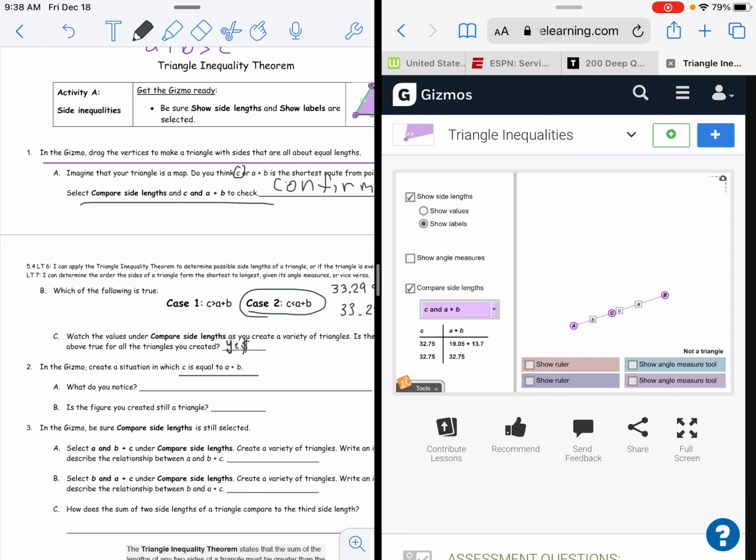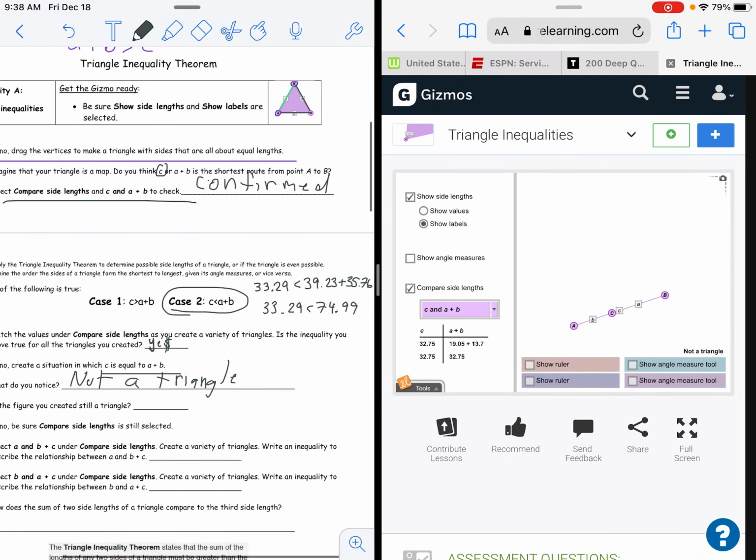If you look on this gizmo, it says it's not a triangle. It became a line segment.